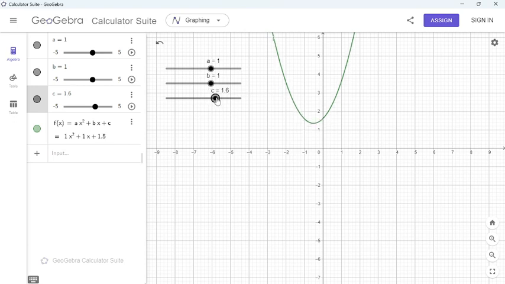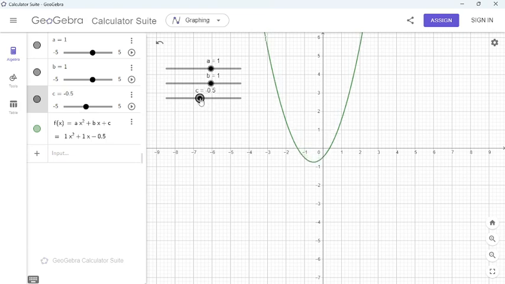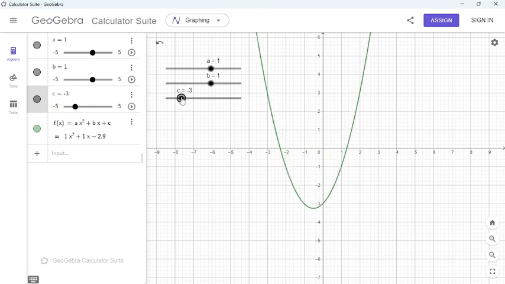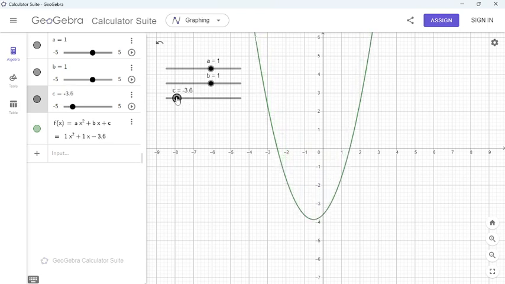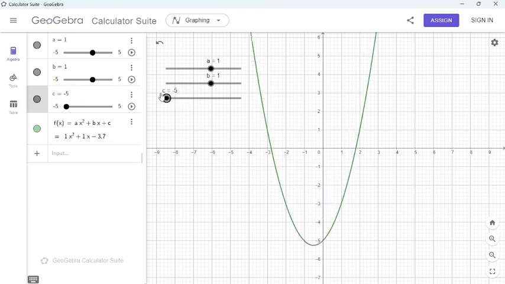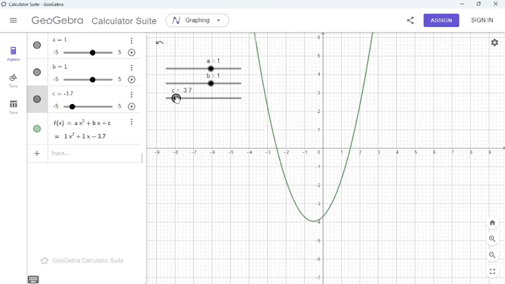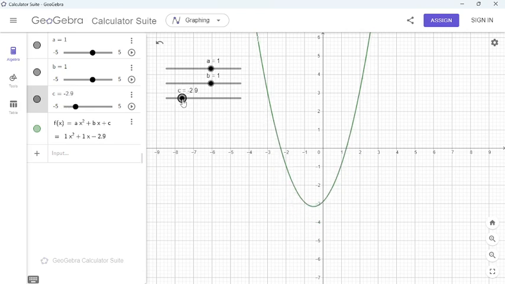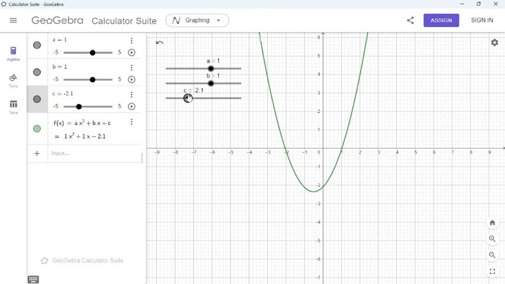And if the value of C is increasing as a positive number, the graph will continue shifting up. If the value of C is negative, the graph will continue shifting down, up until negative infinity. The graph will keep on shifting down if the value of C is negative. So the whole graph is shifting, not only the y-intercept, even the turning point is shifting in that case.